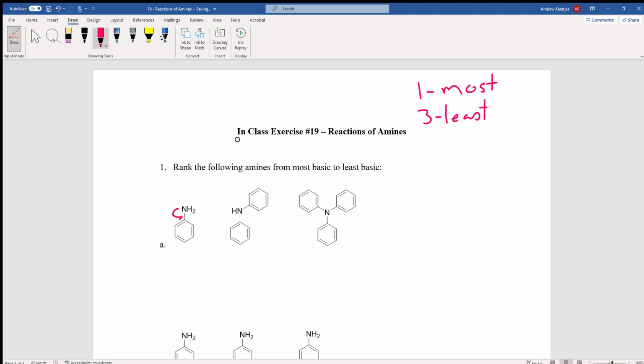So essentially, we're treating, at least by resonance, the aromatic ring as a withdrawing group. So as we said, withdrawing groups increase acidity, but they decrease basicity. So the more aromatic rings we have directly attached to that nitrogen, the more that nitrogen is going to donate that lone pair, and the less basic it'll be.